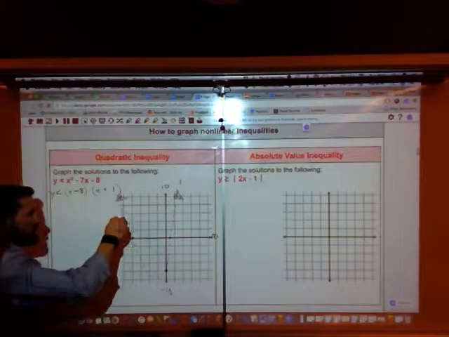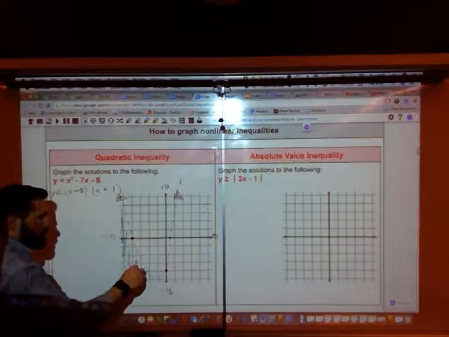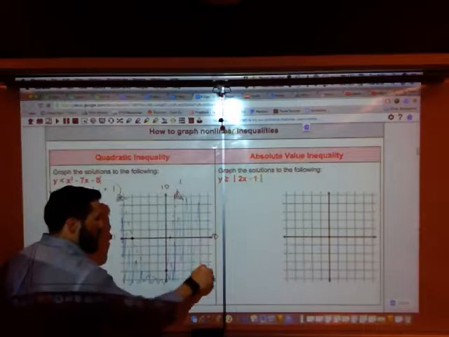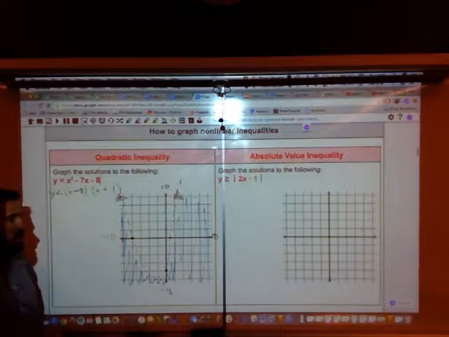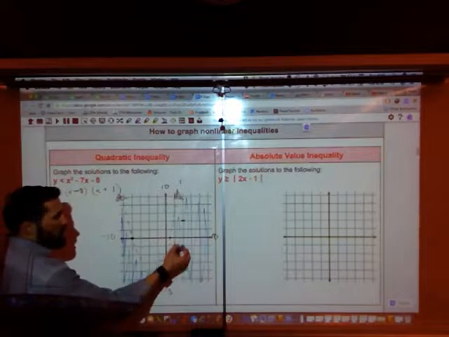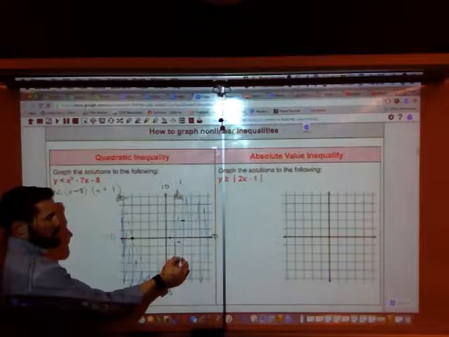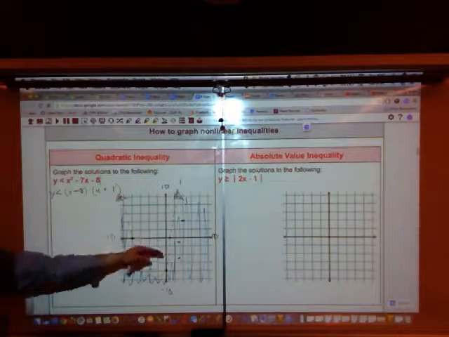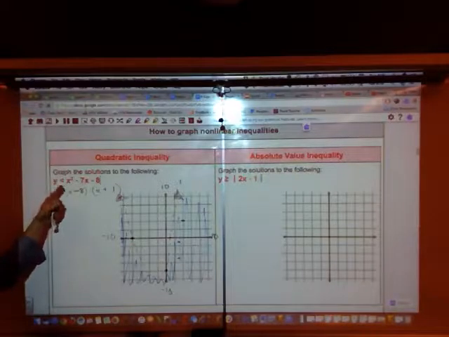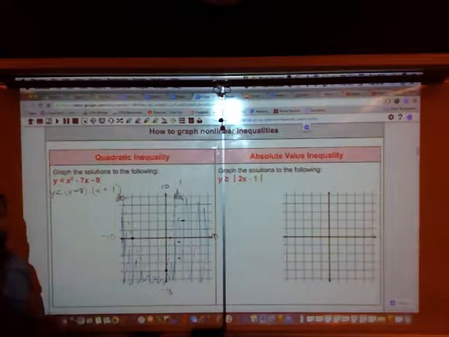So any answer would be in this shaded region. All those are solutions. So this point right here is a solution. This point is a solution. All those are solutions to this problem, where y would be less than x squared minus 7x minus 8.